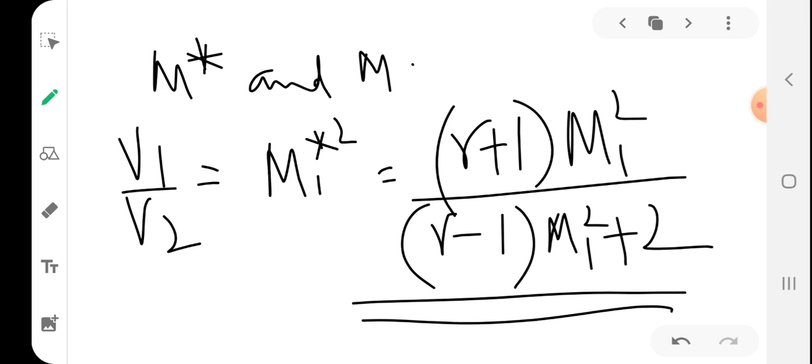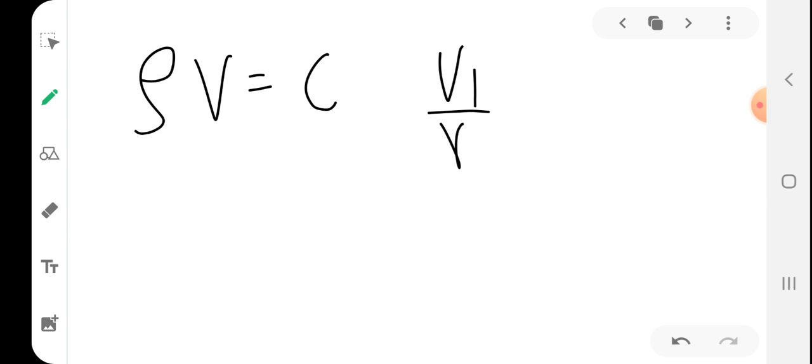Gamma plus 1 into M1 square by gamma minus 1 M1 square plus 2. Okay. So students, since rho V is constant, we have already learned the continuity equation. Rho V is constant. So V1 by V2 will be equal to rho 2 by rho 1, right? Rho 2 by rho 1.